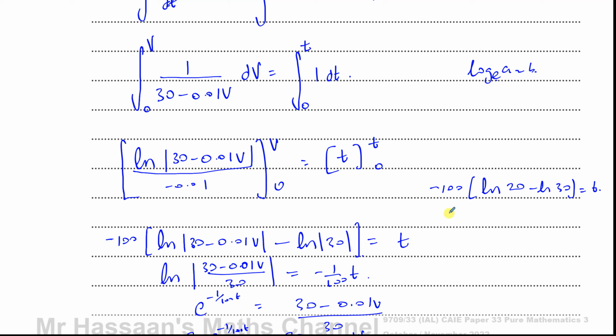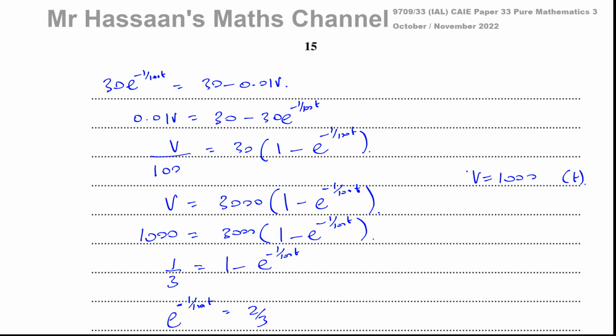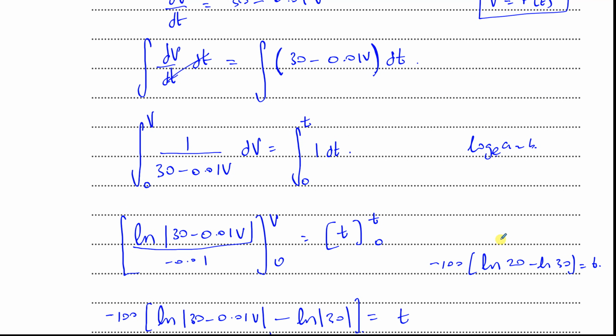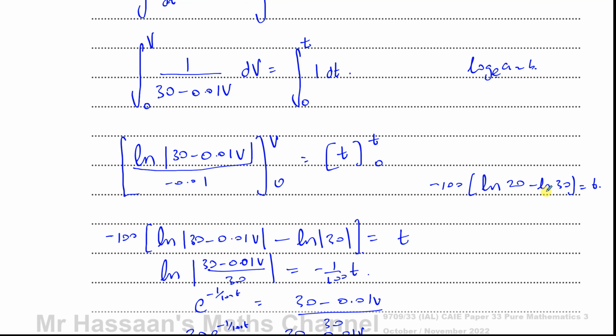And this would have given us exactly the answer we're looking for here, I think: minus 100 times ln of 2/3. Because this becomes minus 100 times the ln of 20 over 30, which is 2/3, equals t. So we'd have got the answer almost immediately over here.